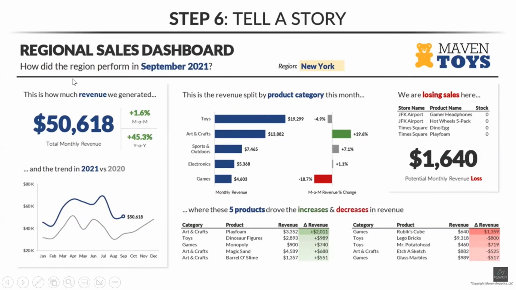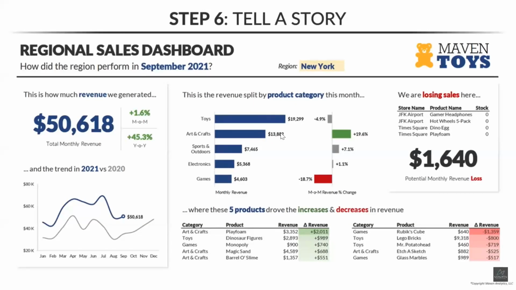So you can clearly say that this is how much revenue was generated, and this is the trend between 2021 and 2020. You can compare. The upper one indicates 2021, which is 50,618, and the lower one indicates 2020.